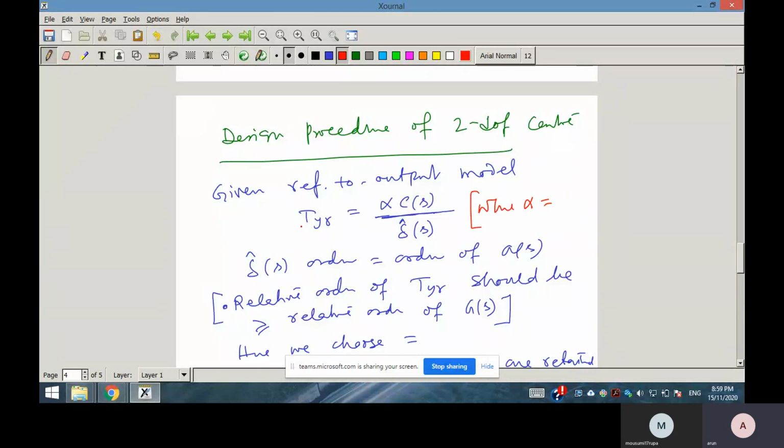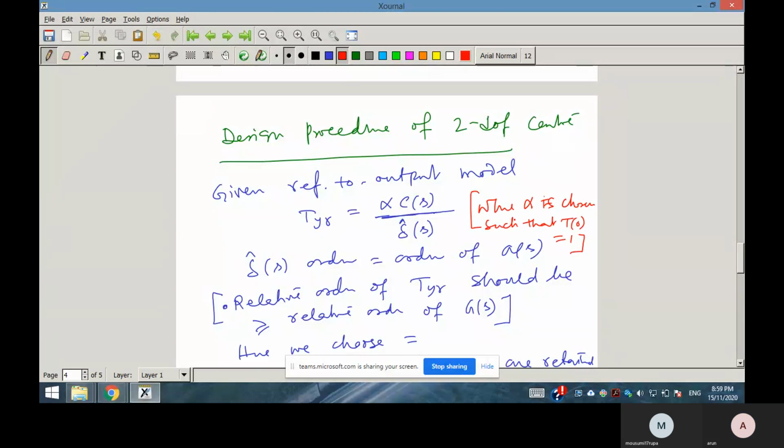For step input tracking, TYR0 should be equal to 1. So alpha should be chosen such that TYR0 equals 1, so that you get steady state tracking with respect to step input.